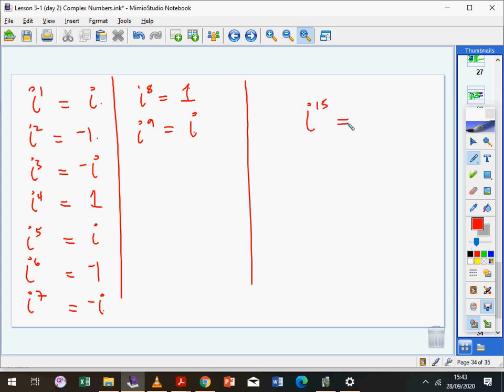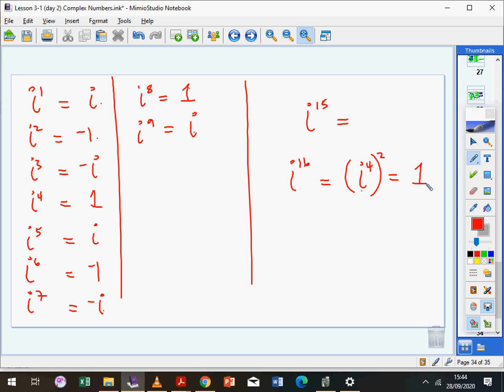So I hope you can see that if you follow this pattern, i to the 15 is an odd number, right? So if I manage to find what i to the 16 is, because I know 16 is simply the same as i to the power 4 squared. If I have i to the power 4 squared, that gives me 16. And I know i to the power 4 is 1. If I square that, I get 1.